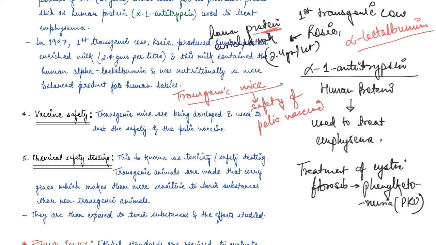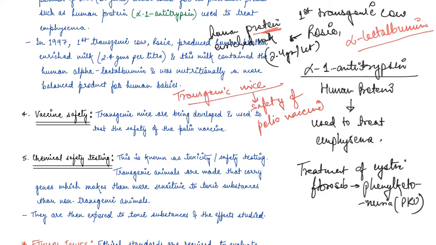So rather than using monkeys, which we used to do earlier, if we now know that the vaccine can be successfully tested on transgenic mice and we can rely on that result, we can always test vaccine safety on transgenic mice, right?